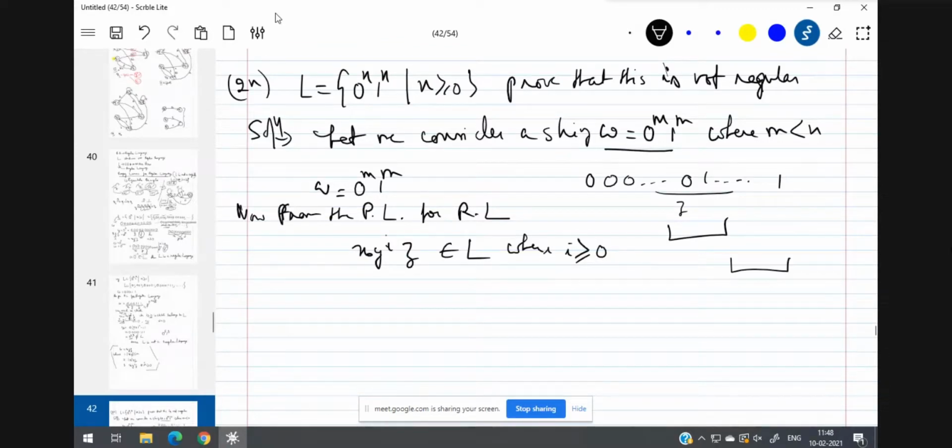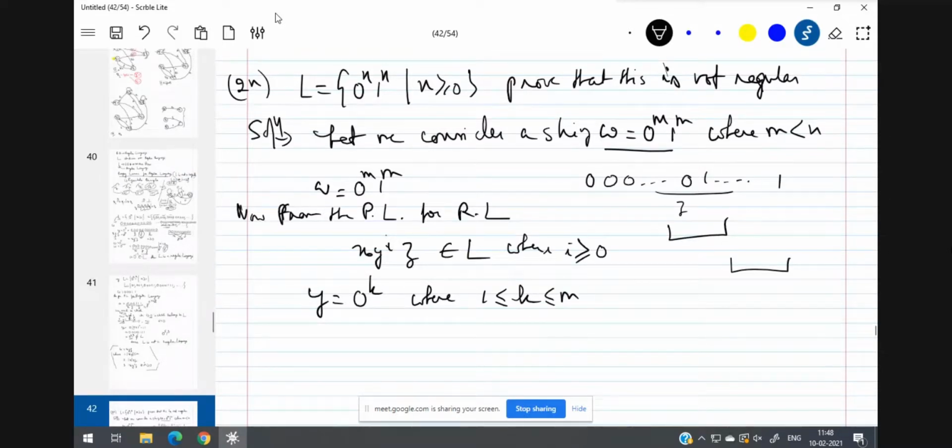Now let me take y equal to 0 to the power k, where k is greater than or equal to 1, but less than or equal to m.